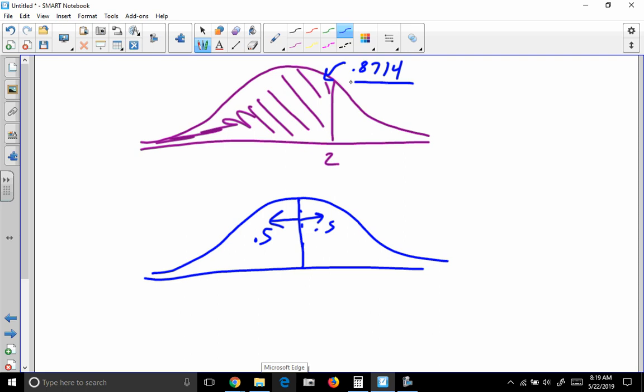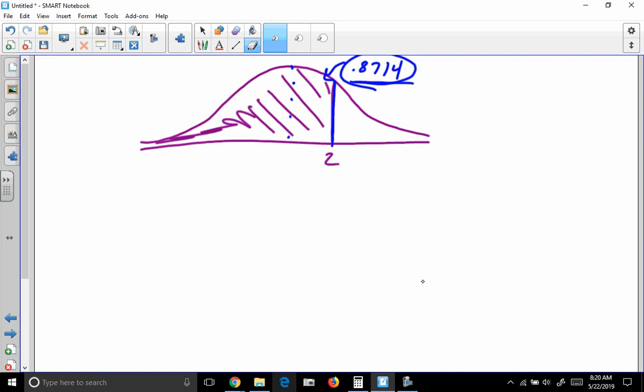So if the area we're given is over 0.5, then our z-value has to be to the right of the mean. If our area to the left is less than 0.5, then we would have to have a z-value over here. Because again, to the left of the middle is half of our data. So we're going to be looking for a positive z-value because it's to the right of the mean.